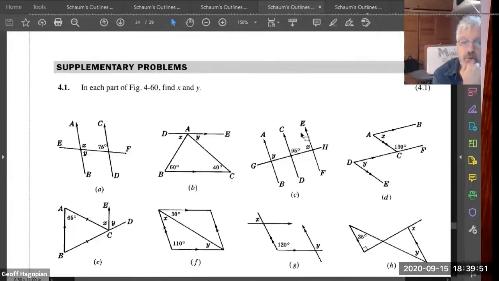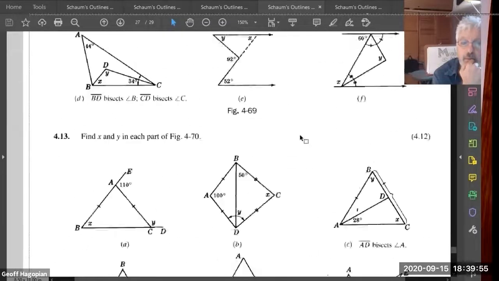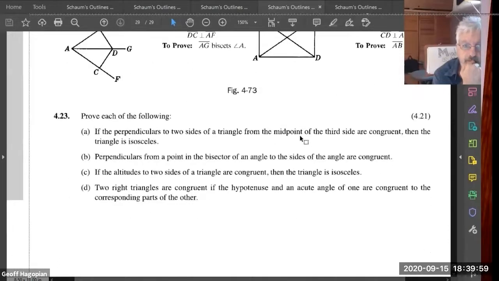Let's see, is there new supplementary problems? Okay, these are great. And then we want to look at the my open math problems, right? Yeah, so that's the end of the exposition. Exposition is like the part of the text where they're explaining stuff, right? And then you have examples.